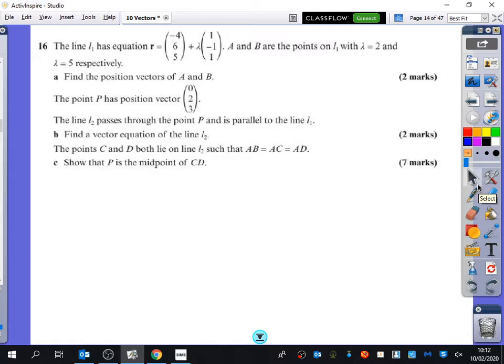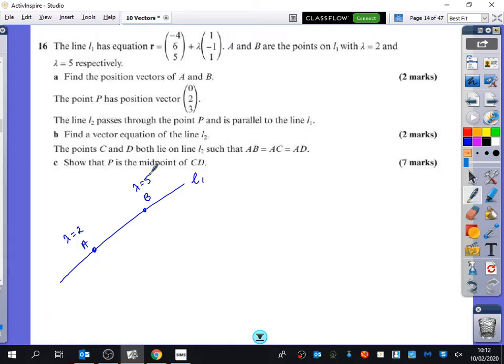So we've got a line, and it says that A and B are on L1 with some particular coordinates. So I'm going to draw L1, and it says I've got A and I've got B, and I know here lambda is 2, and I know here lambda is 5. So basically I can find out what those things are.